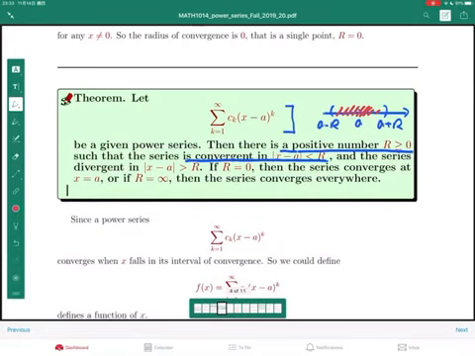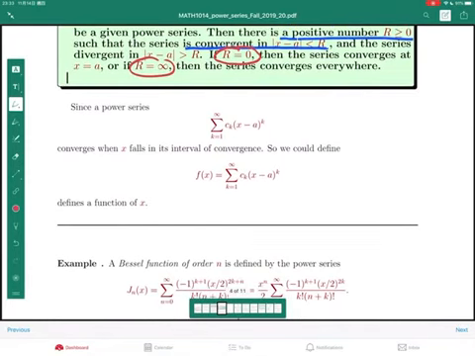If the radius of convergence is equal to 0, it means it doesn't converge except at a single point a. If the radius of convergence is infinite, it converges everywhere on the real axis. This actually requires a proof, but we will skip it, because you can basically see this from the ratio test or the root test.